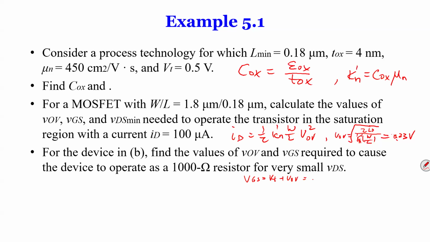So that's 0.73. So VGS is given. And then, of course, what is the minimum to operate in saturation? We know that VDS has to be larger than VOV. So VDS has to be larger than 0.23 volts.